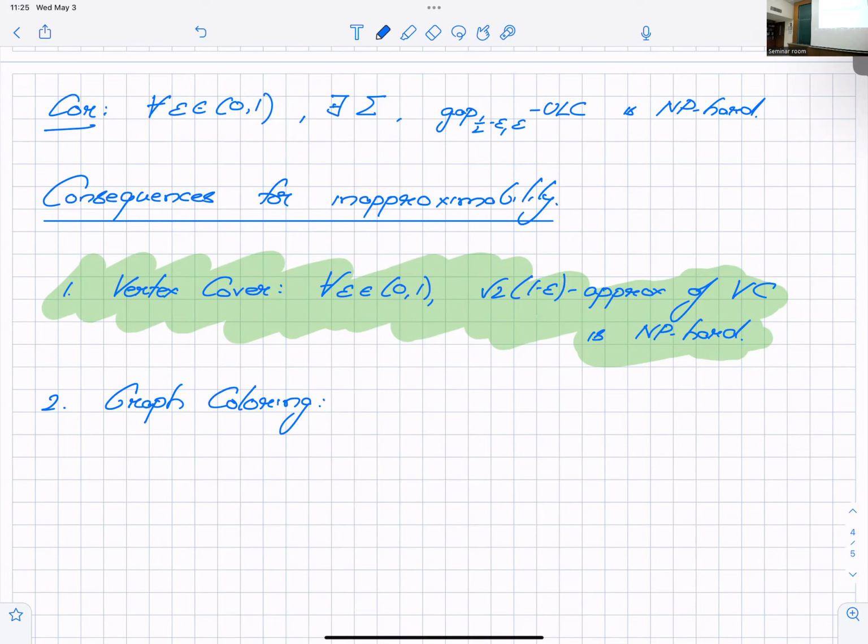Now you can ask, suppose I give you a three colorable graph, what's the minimum number of colors you can color it with efficiently? I promised you it's a three colorable graph. Basically, you want to distinguish three colorable graphs. So NP hardness says it's NP hard to distinguish between graphs which require at most three colors, and graphs which require at least four colors. That's what NP hardness is.